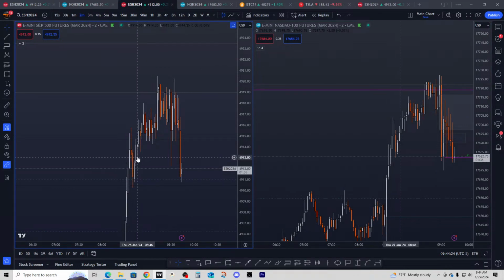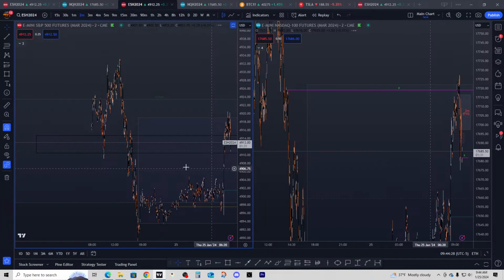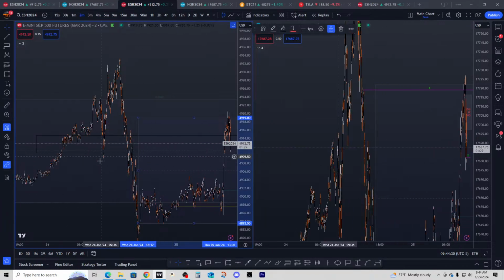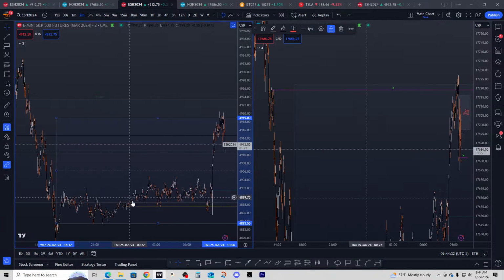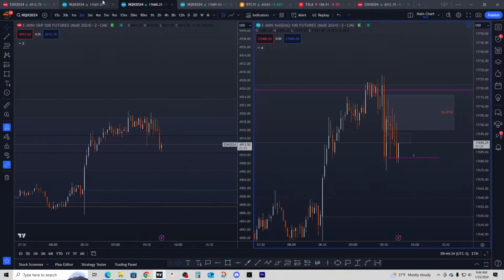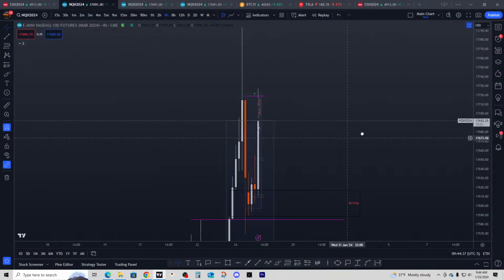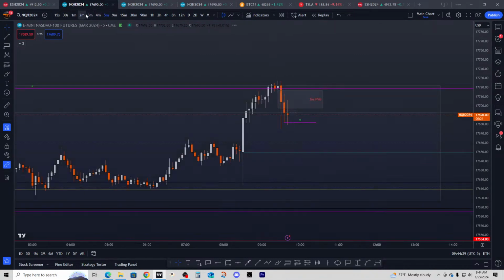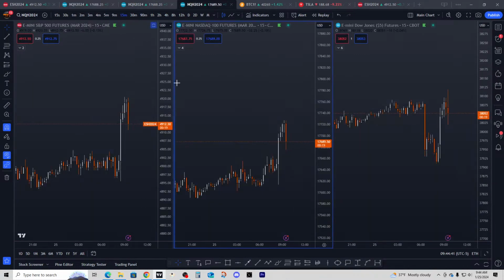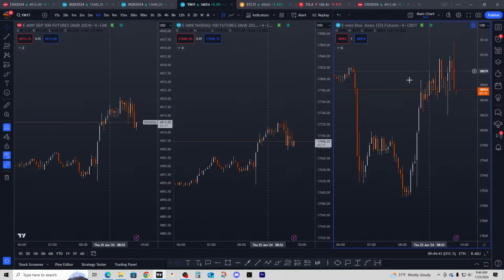We had 2-minute inverse right here. We never hit this higher time frame low, but we're bouncing off 50% of that opening range from the previous day over here. So if we go over to the big three, all three of these here, like what are we getting?